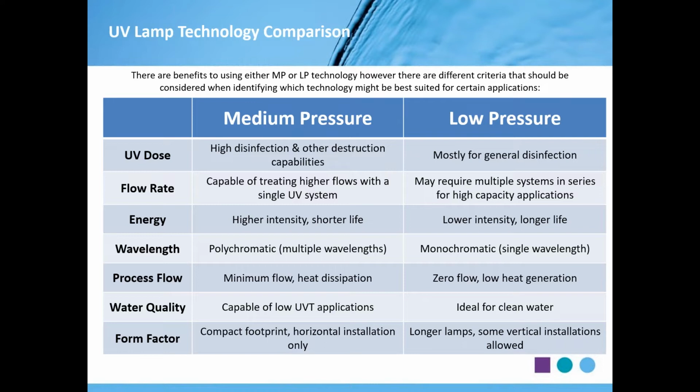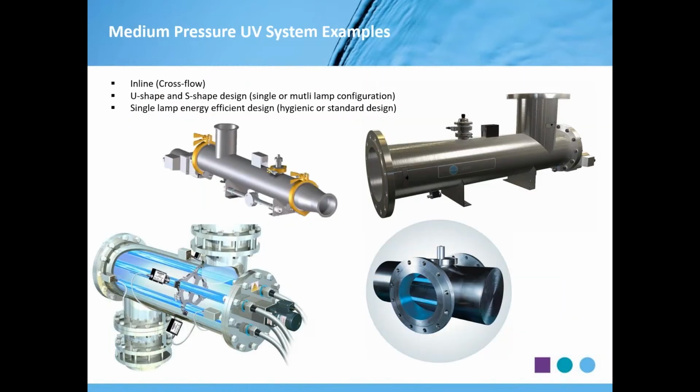So in a lot of cases with medium pressure, we have to be aware of the heat generation and deal with that, whether it's through recirculation or other means. There's a couple of examples of what a medium pressure system might look like. We've got a variety of different form factors there, whether the water is flowing parallel to the lamp, single lamp versions, multiple lamp versions, versions that are cross flow with the water going perpendicular to the lamp.